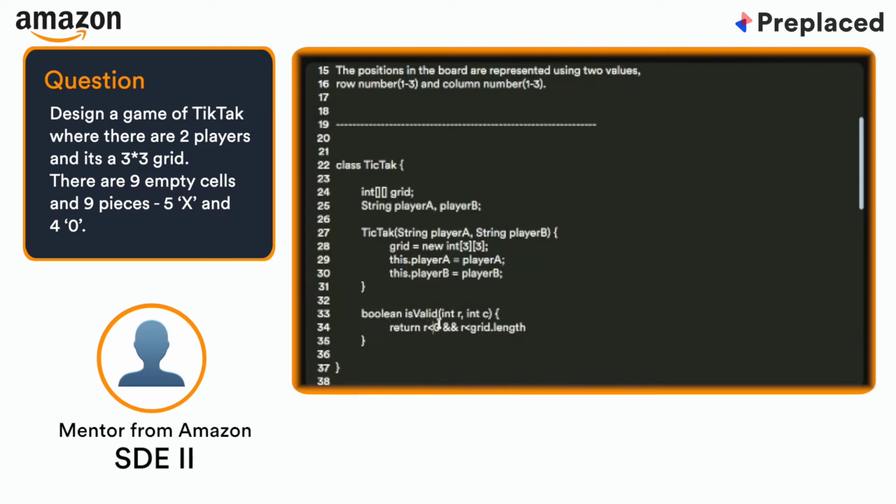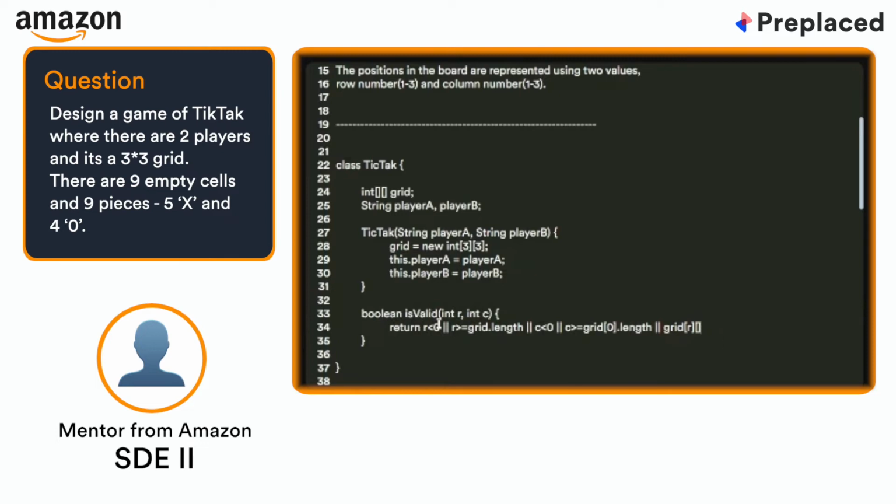So if my row is less than 0, or my row is greater than or equal to grid.length, or my column is less than 0, or my column is greater than or equal to grid[0].length. Actually there are three, but I will be writing them like this because in case we increase the dimension of that grid in future. Or grid[row][column].